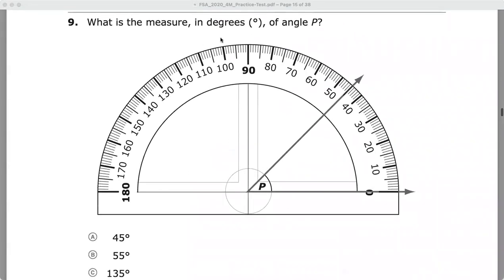Okay, so here we are measuring degrees of angle P. Angle P is this part of the angle right here. So if we start at 0 and we go to here, what is the value right here?